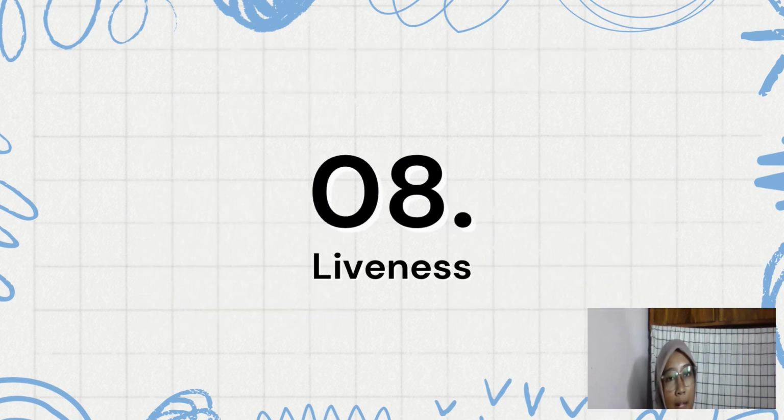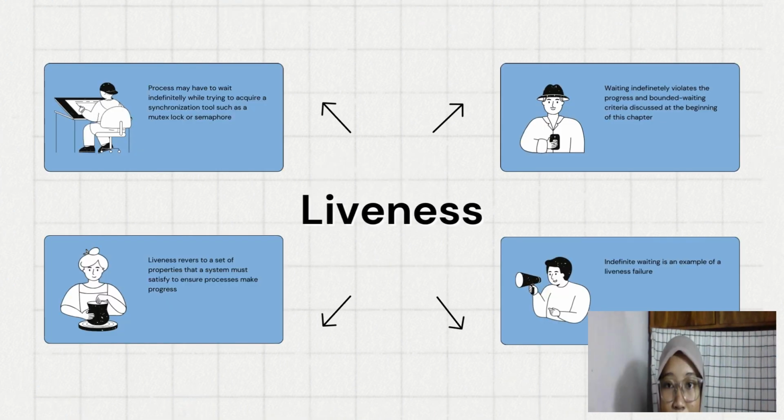The eighth material, and of course the last material of chapter 6, is liveness. A process may have to wait indefinitely while trying to acquire a synchronization tool such as a mutex lock or semaphore.